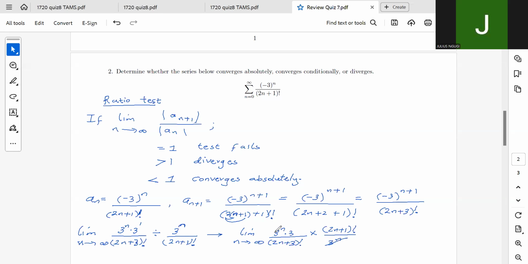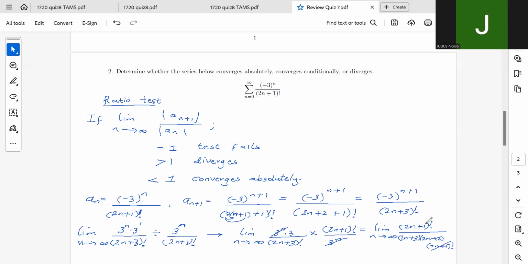So we can cancel 3 to the power of n, and then we simplify and write it here as limit as n approaches infinity, and then we have 2n plus 1 factorials, and then observe that the denominator remaining is 2n plus 3. So we can reduce the plus here. We have 2n plus 3, 2n plus 2, and then 2n plus 1 factorials.